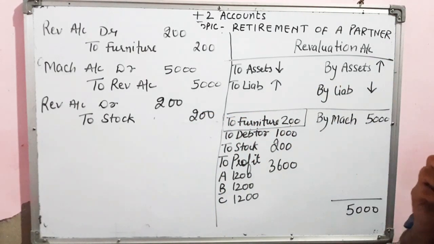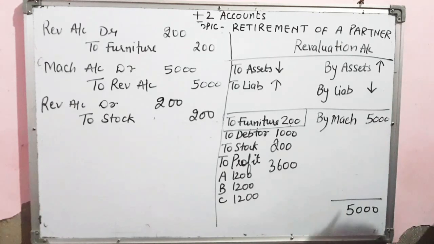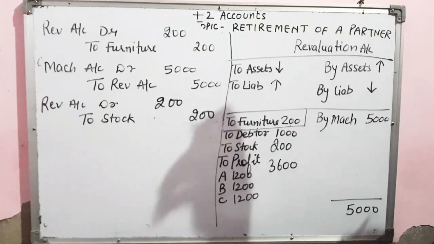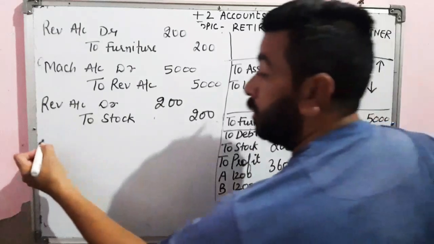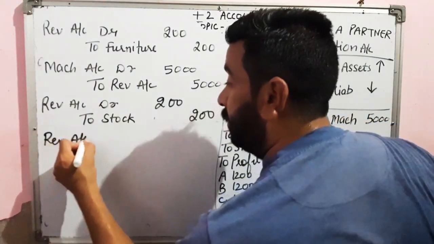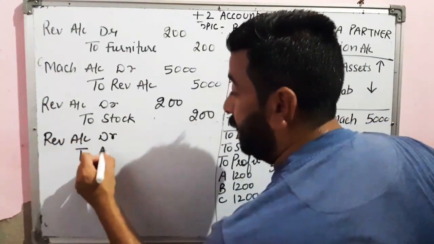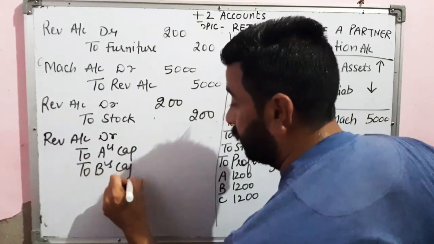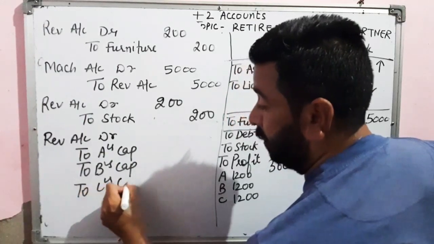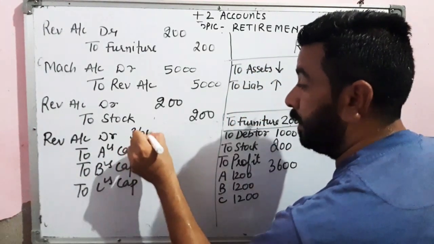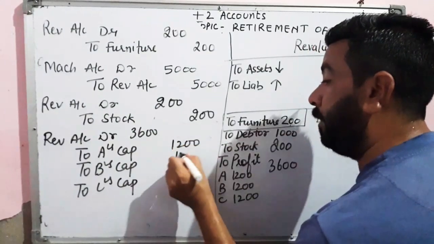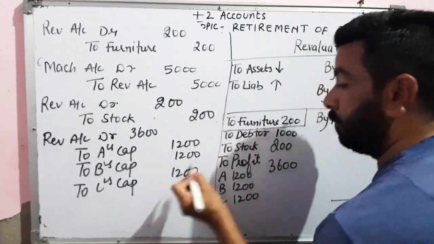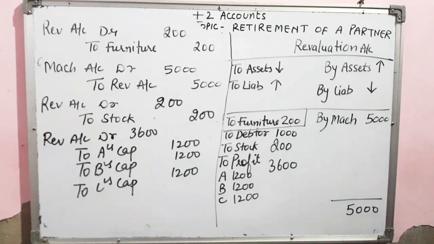Next, if I want to make the entry of profit, that is transferred to the capital account: revaluation account debit to A's capital, B's capital, C's capital, 3,600, and 1,200 each. That was all about the revaluation account and its journal entries.